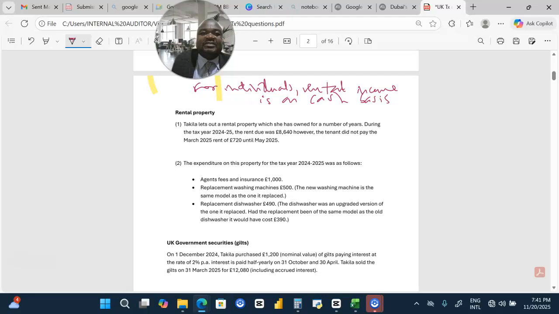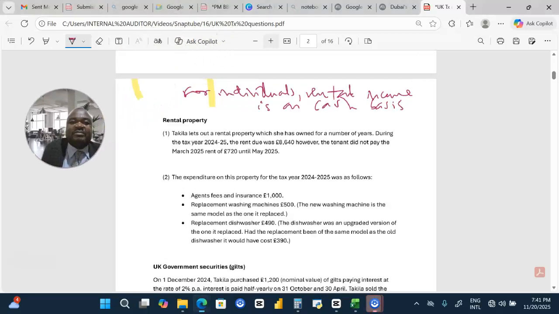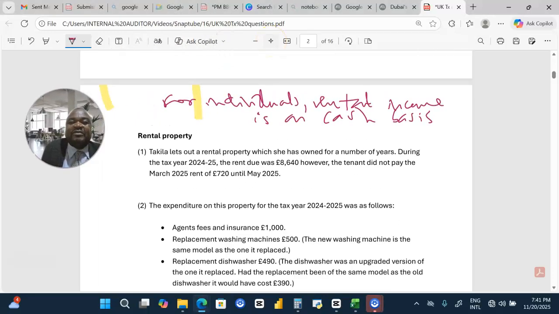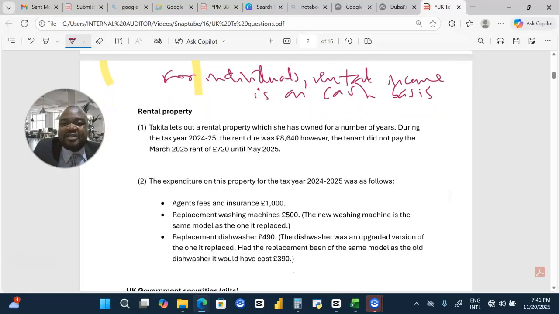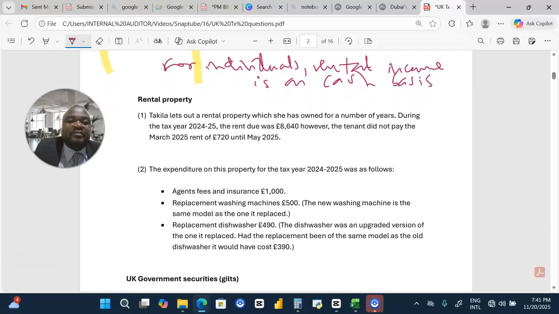Let me try to enlarge the screen because some of you have got short eyesight. Yeah, I have to be as inclusive as possible. Okay, so the 720 pounds should be deducted.